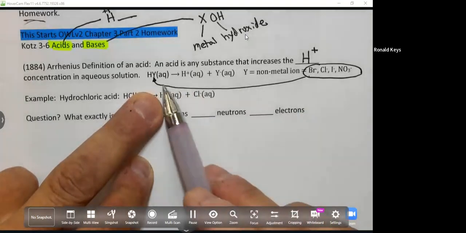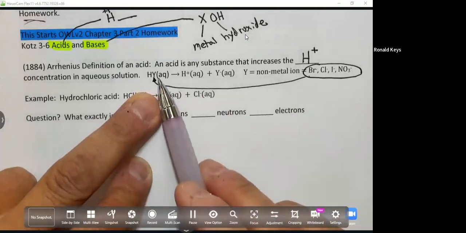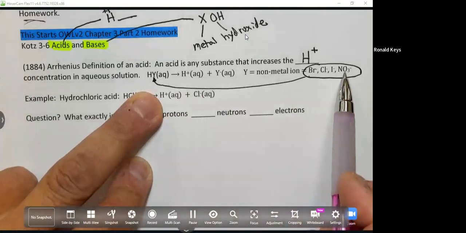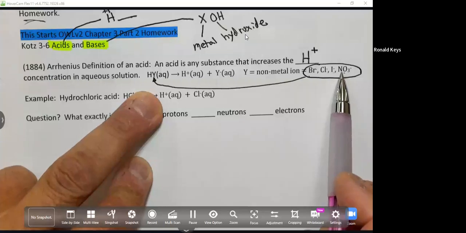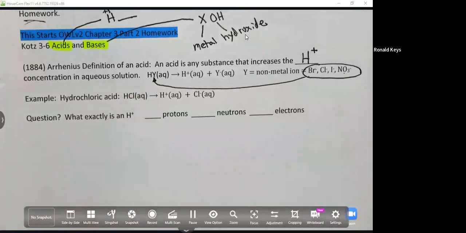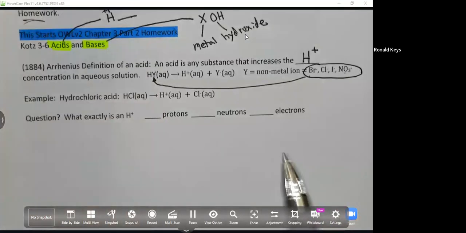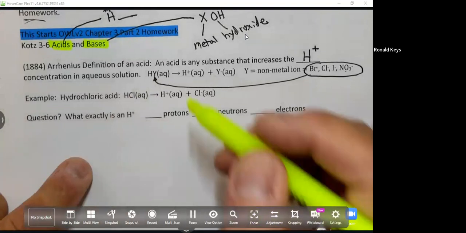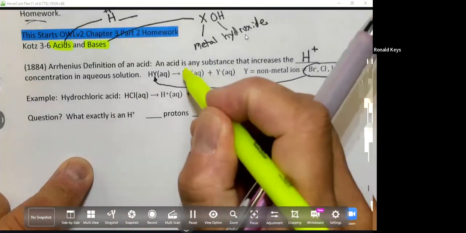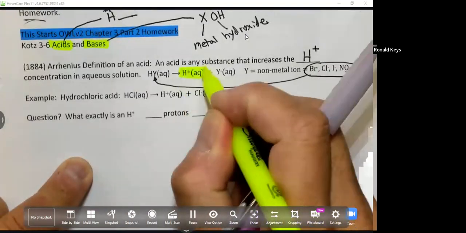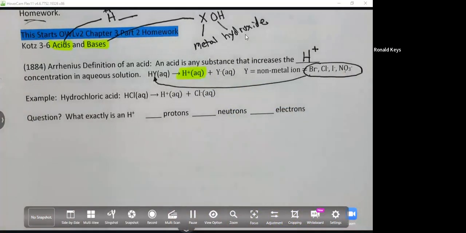So I could have hydrobromic acid, I could have hydrochloric acid, hydroiodic acid, and then HNO3 would be called nitric acid because NO3 is nitrate, so we'd have nitric acid. So we are going to get a lot of H plus, right? That's what determines how much acid strength we have.